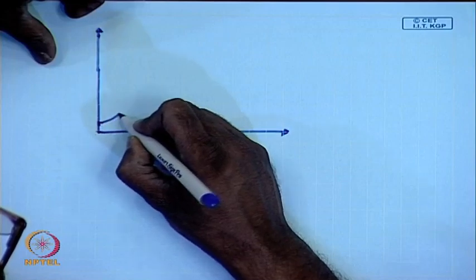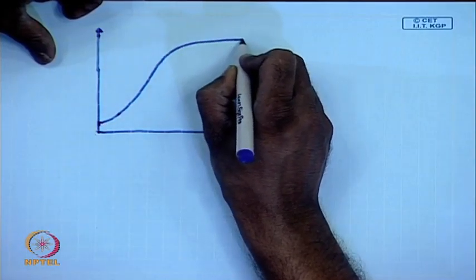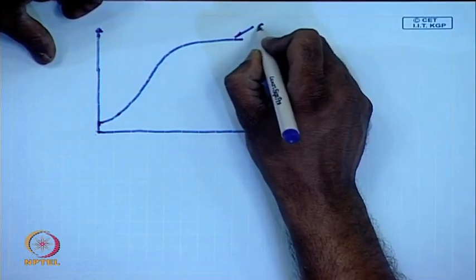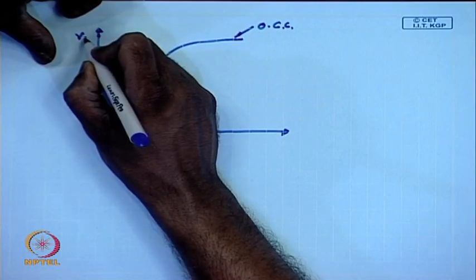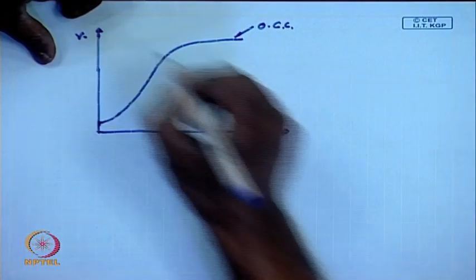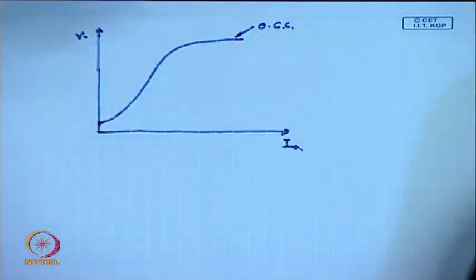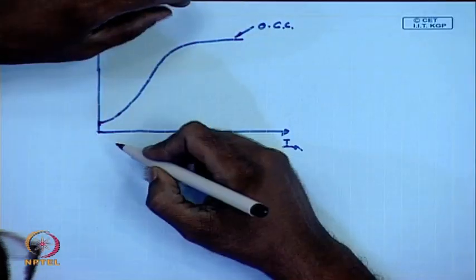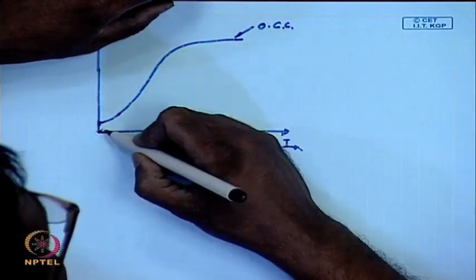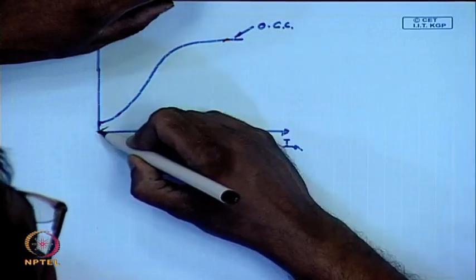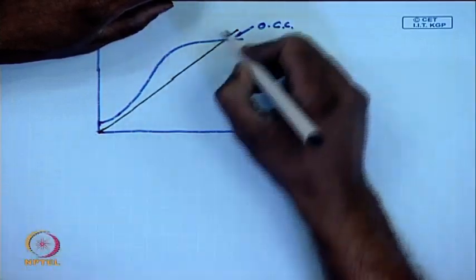Let us say this is the OCC, on which we superimpose the load line.